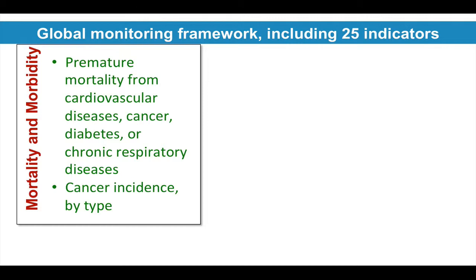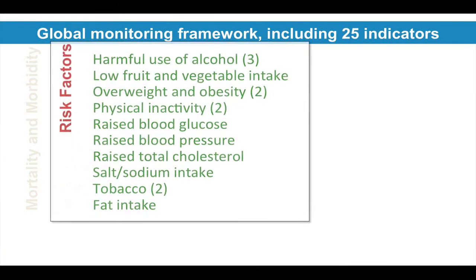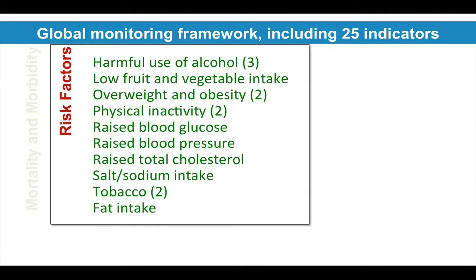That's the premature mortality from cardiovascular diseases, cancer, diabetes, and chronic respiratory diseases, the top 4, and also a reduction on cancer incidence by type. Then we have some indicators on risk factors, 3 on measuring progress on reducing harmful use of alcohol, then 2 on obesity, 2 on physical inactivity, and so on.